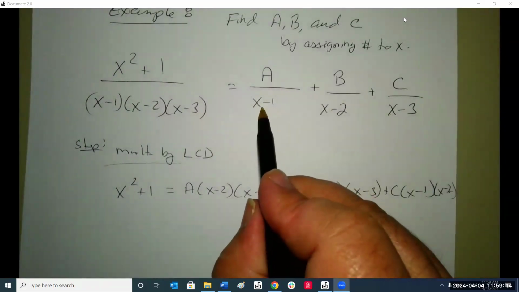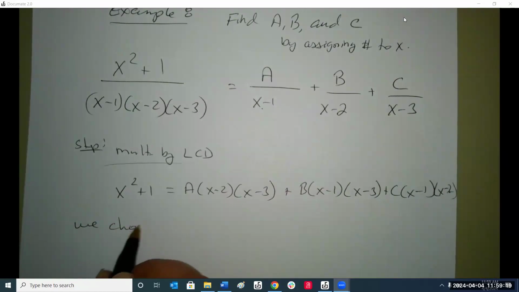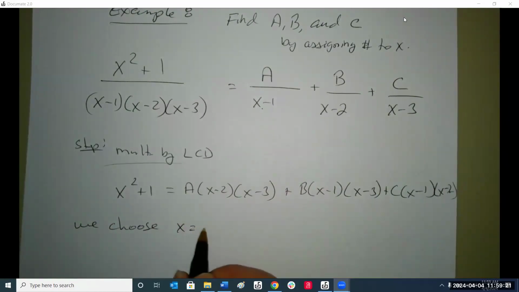Because the bottoms are x minus 1, x minus 2, x minus 3, we choose x equals positive 1, positive 2, and positive 3.